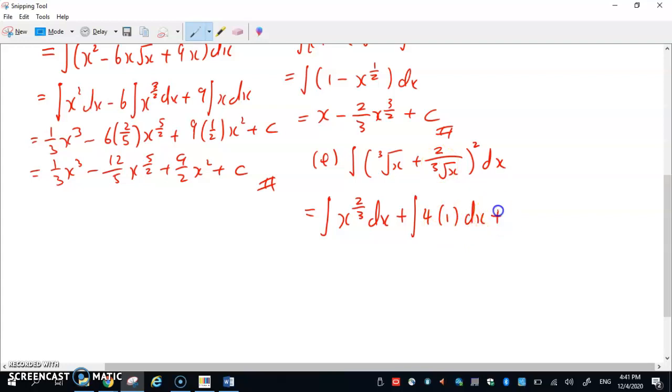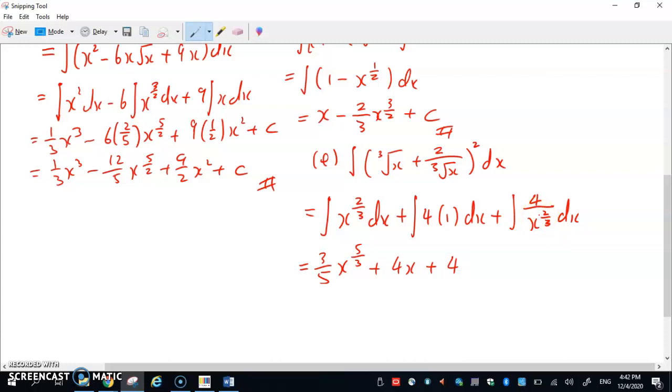And plus the integration, we square this entire term. What you get is actually 4 over x to the power of 2 over 3 dx. So we will get 3 over 5 x to the power of 5 over 3, plus 4x, this is simple, plus for this you have a constant multiplier of 4 x to the power of minus 2/3.